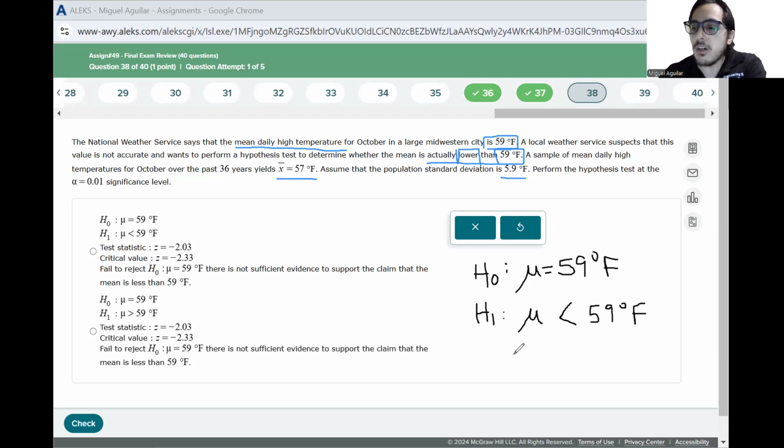So we're looking for some cutoff region over here on the left side. So this is going to be our cutoff for our left-tailed test. Let me go ahead and switch over to my document camera so you can see what I'm drawing.